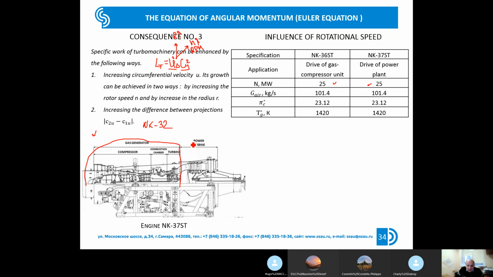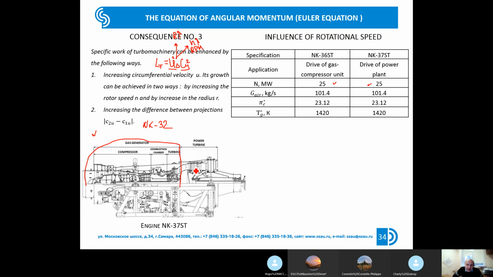So, if we look at the power turbine from the position of thermodynamics, for example, if you calculate these two engines using Astra software, you will find that from the position of thermodynamics, these two power turbines for these two engines are the same, because they have the same mass flow rate, same temperature, same pressure ratio and same output power.